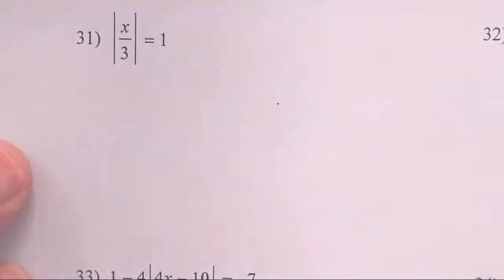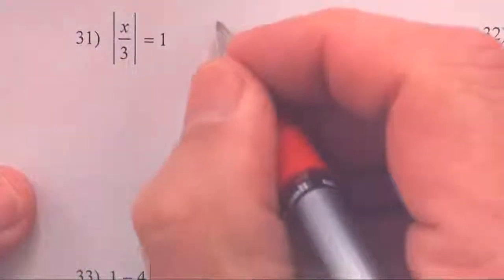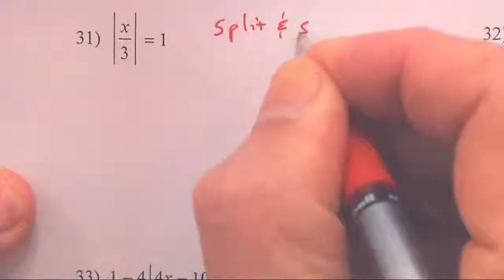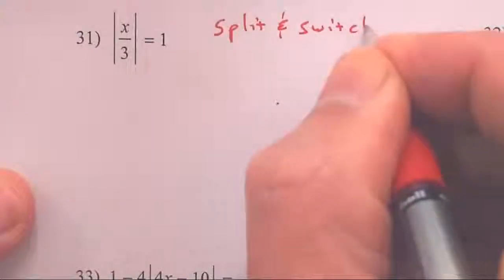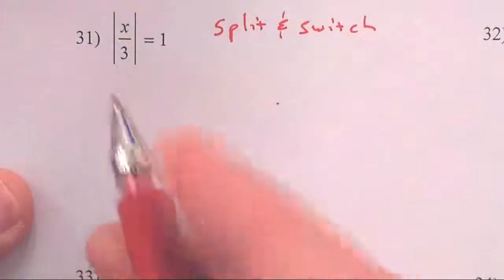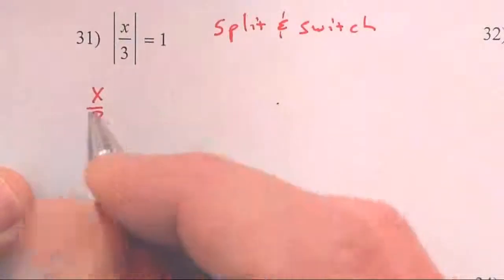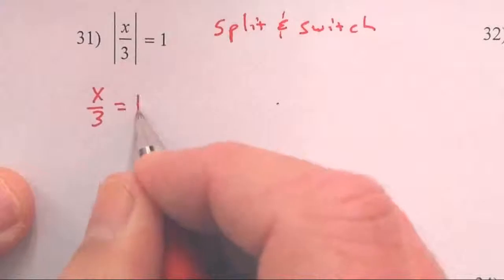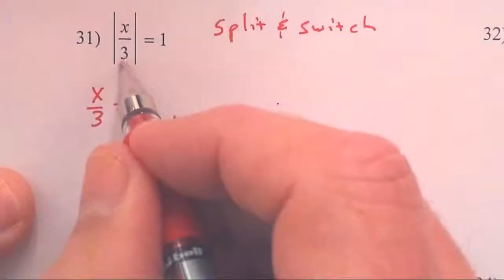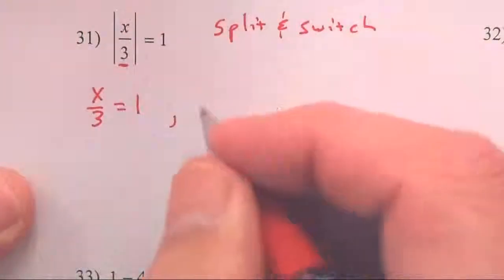So once we have the absolute value isolated, I just call it split and switch. Split and switch. So we know what absolute values do. They turn things positive. Well, maybe the absolute value doesn't have to do anything. Maybe x on 3 is just equal to 1. But maybe x on 3 in here is negative 1 and the absolute value fixes it for us.